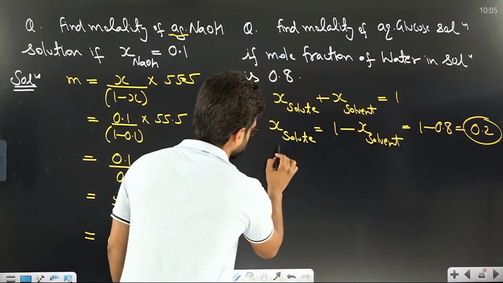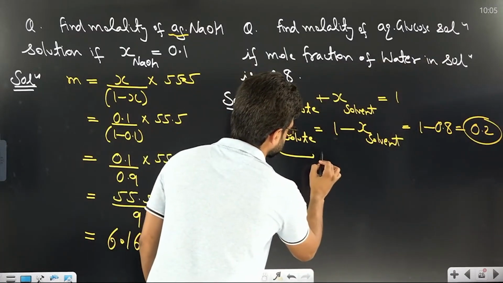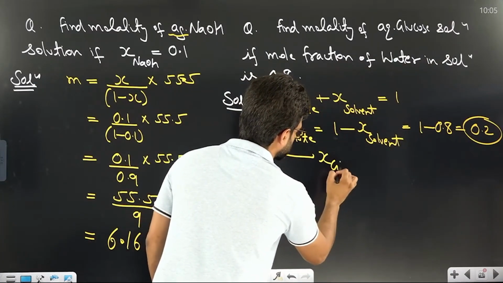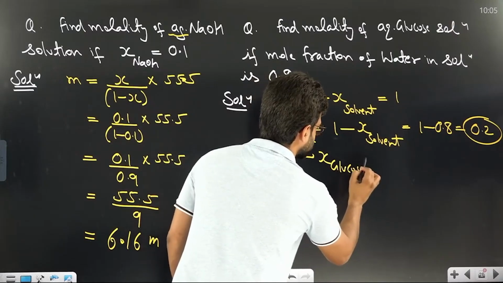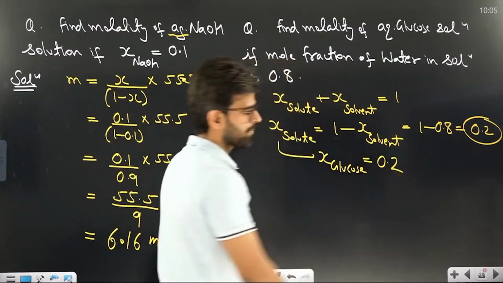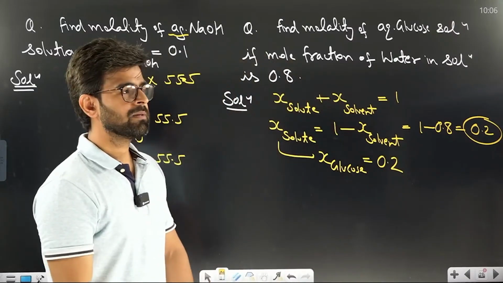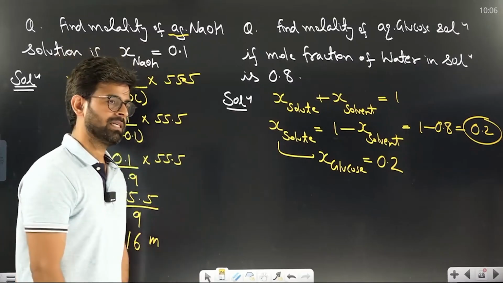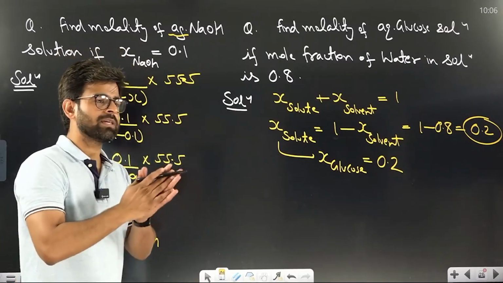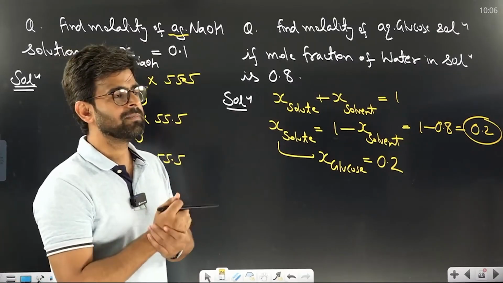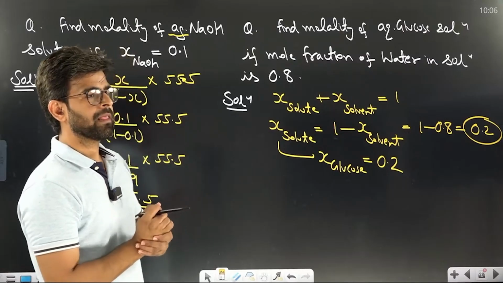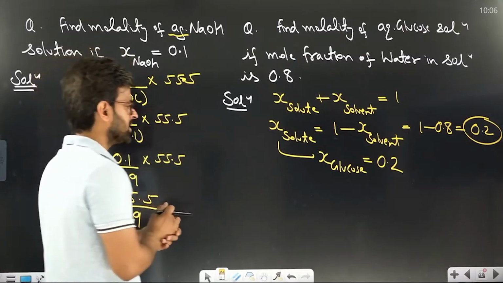That means the mole fraction of glucose is 0.2. Clear? Now apply the formula, and you will get your answer very easily. Give me the answer very fast.